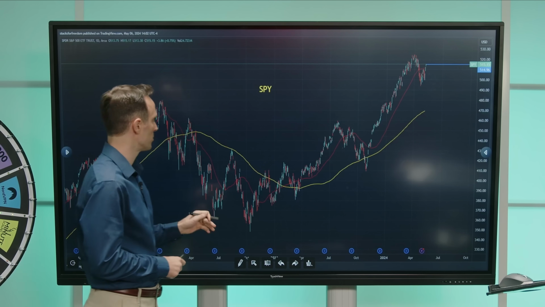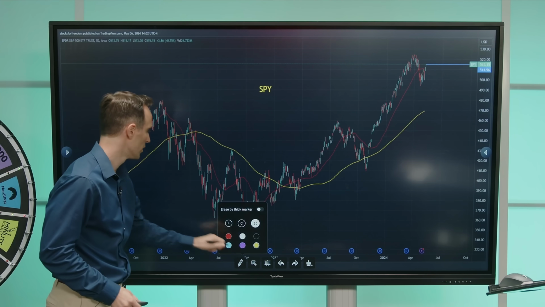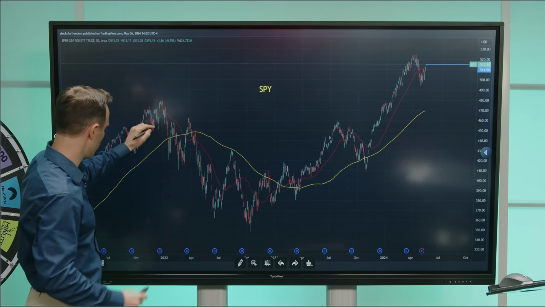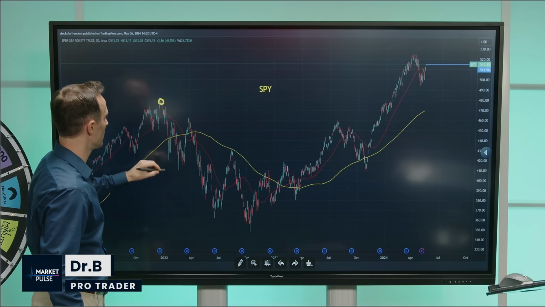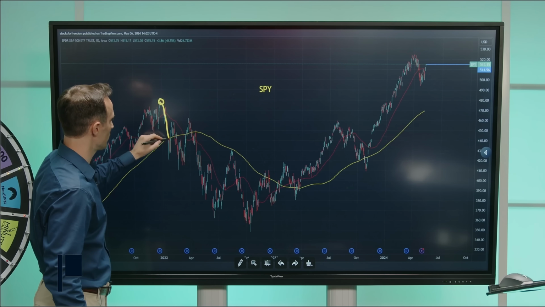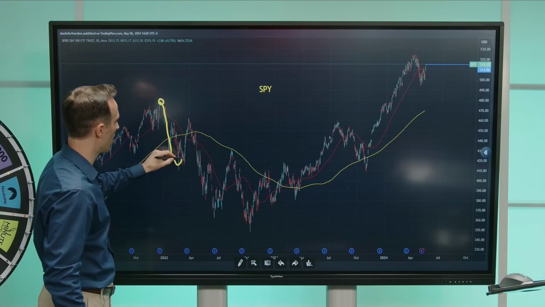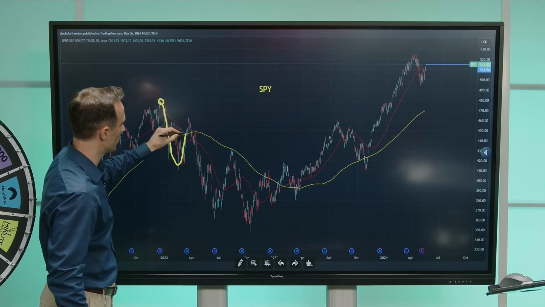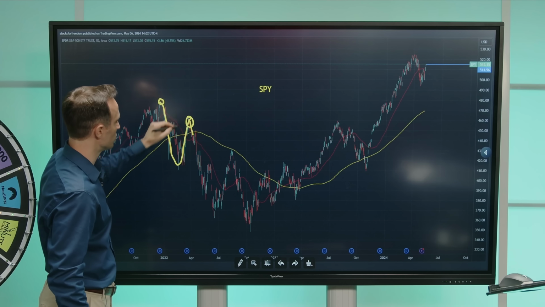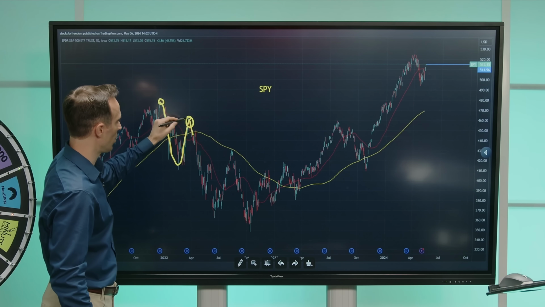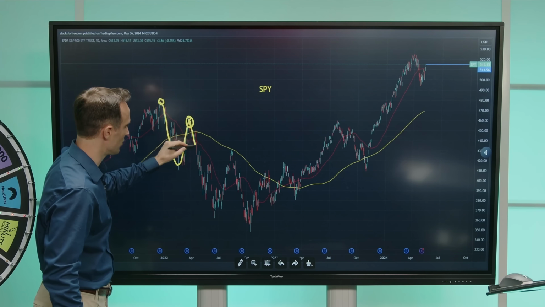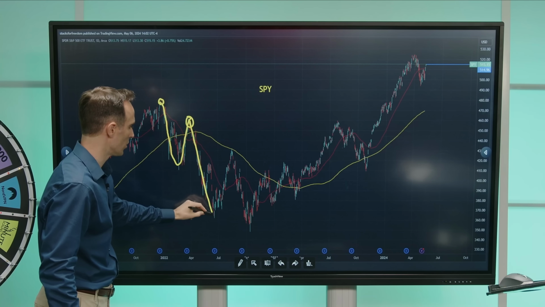Sure. Yeah, no, that's a good point. If we look at the same chart here, you can see that the previous 2022 highs were right here. We broke down from the 50, okay, and we came back up right here, and we broke through, and many would call this a bull trap, right? So it got a lot of people long, and then the market reversed to put in new lower lows.